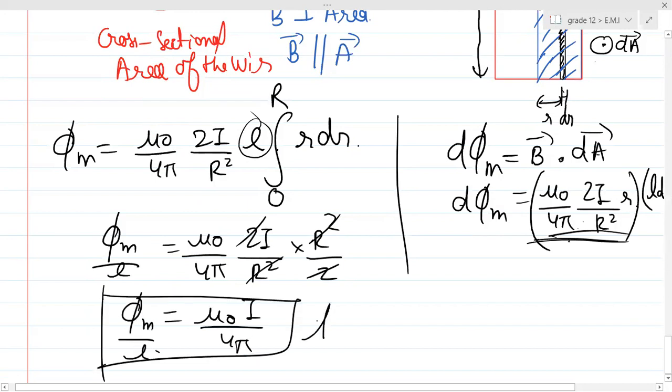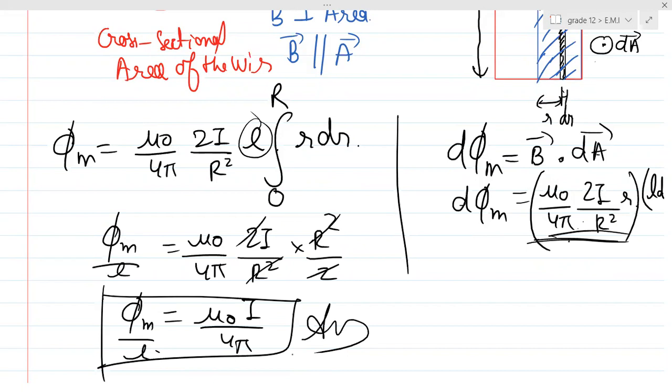is this. Is this clear? So what about L?